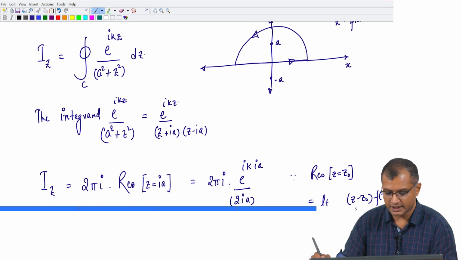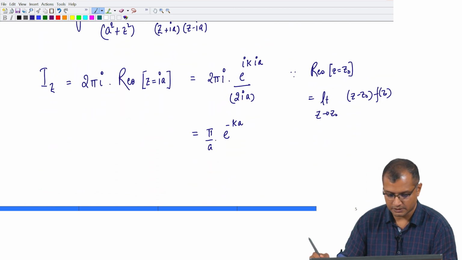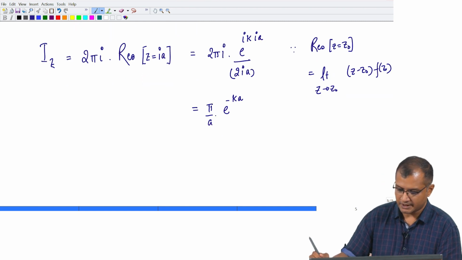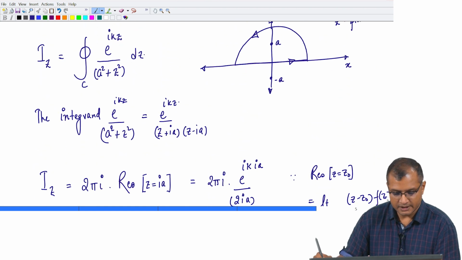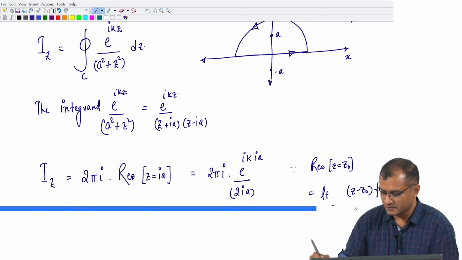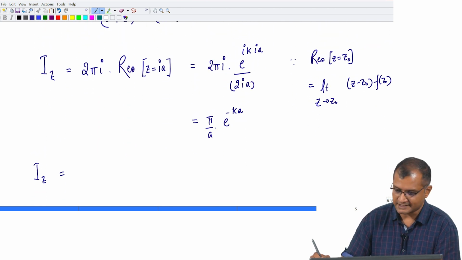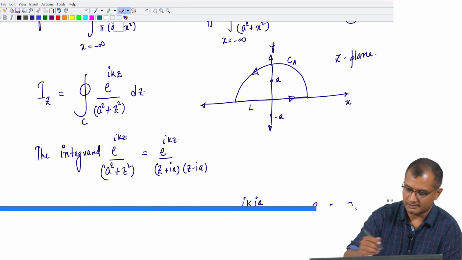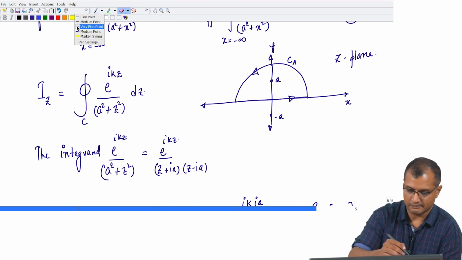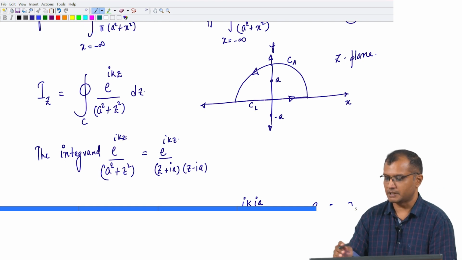Now, there is something that I would like to mention here. My contour integral, the integral of e raised to i k z upon a square plus z square, can also be written as a sum of two integrals. So, I can write down there is a line integral here and there is a contour integral here. I will call it C A and I am going to call this C L, the straight line part. Okay.